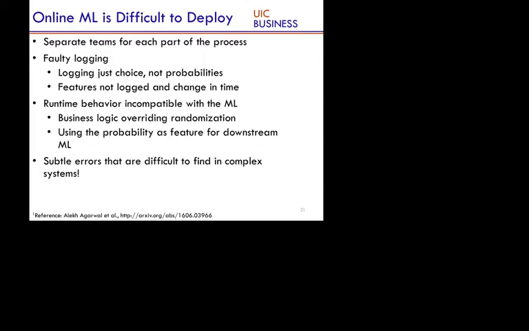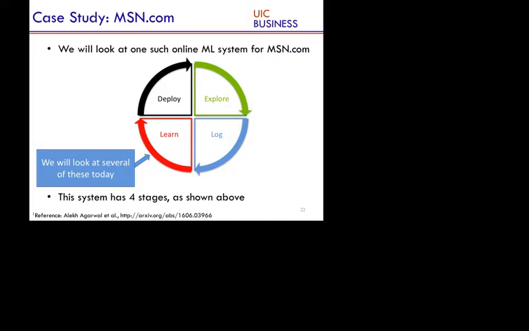In the sense, basically, what I'm trying to say is that there are errors that you can make because of which you may end up doing something bad. It's hard to get such a system right. Okay, but let's focus on this case study in which they actually did get the system right.